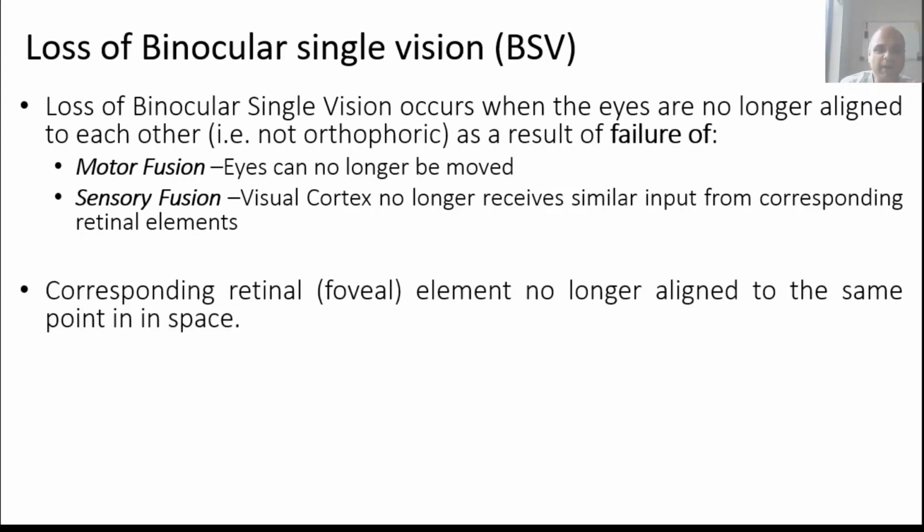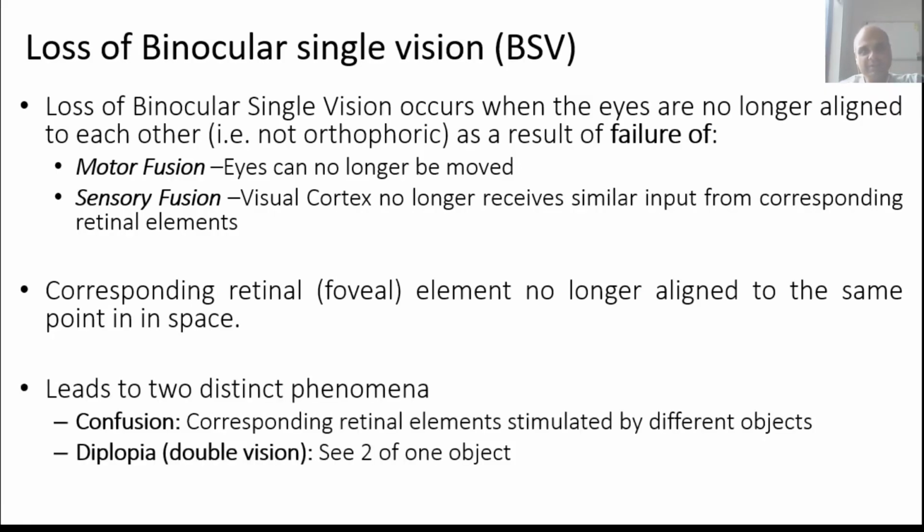And what would happen, because of failure of motor fusion or sensory fusion, is that the corresponding retinal elements, in most cases the corresponding foveal elements, are no longer aligned to the same point in space. They're pointing in different directions. We'll see diagrammatically how that happens in a bit.